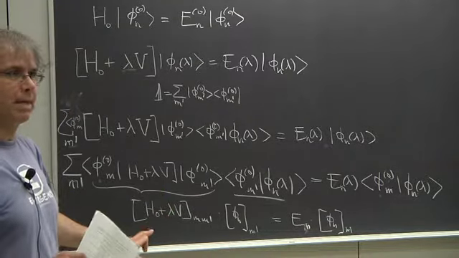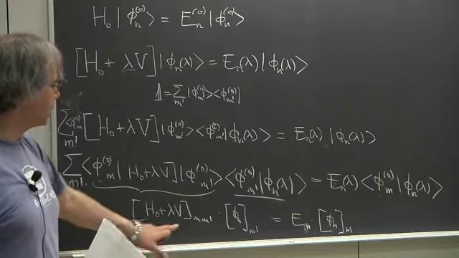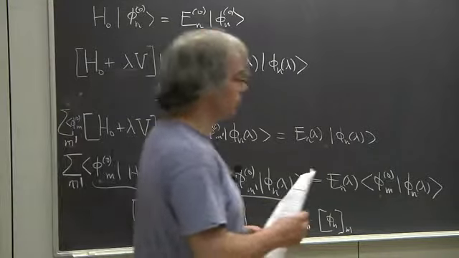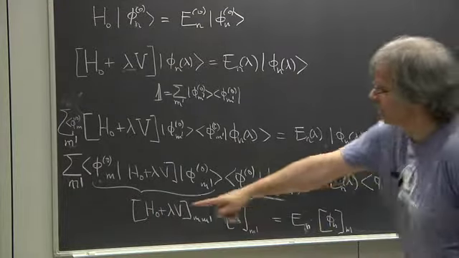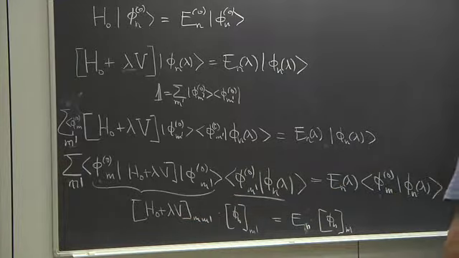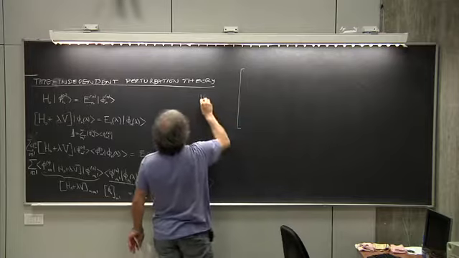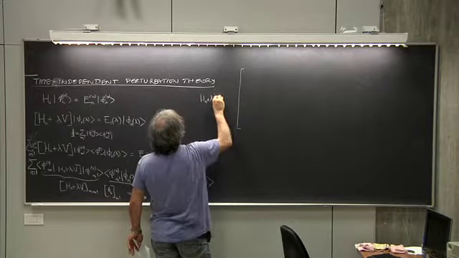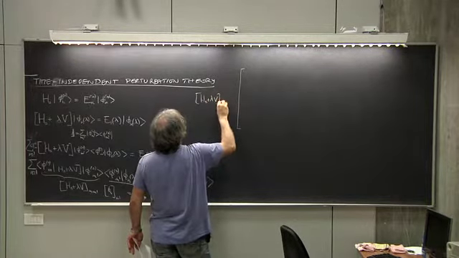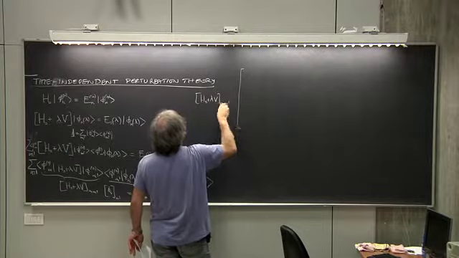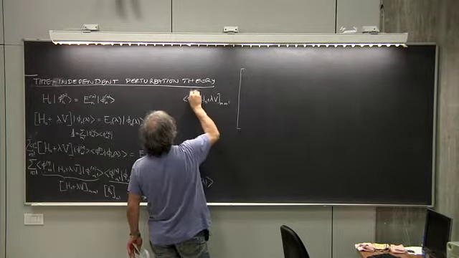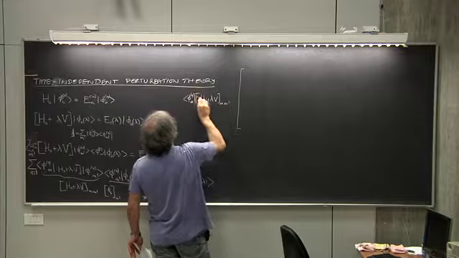Now, you see that this is in general a matrix which is full of numbers. Let us write this matrix. H0 is very simple. So I write the matrix H0 plus lambda V in the old basis. So m prime. Okay? So to be definite, this thing.